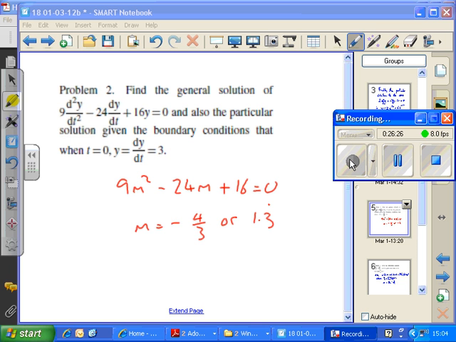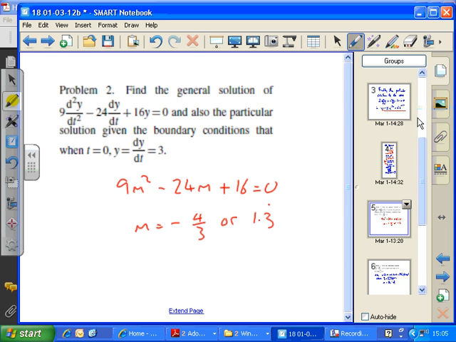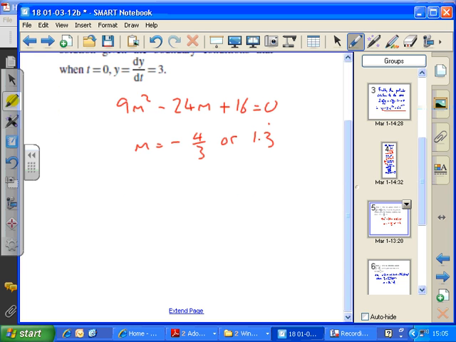So that means in this case the general solution is y equals, and again you can write the x with the a or the b, (ax plus b) e to the minus 1.3 recurring x. That's the general solution.